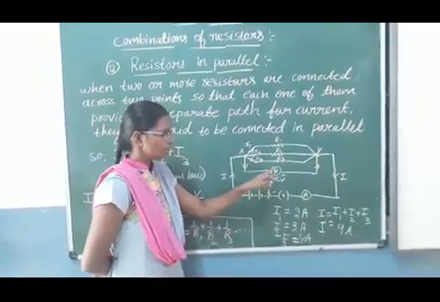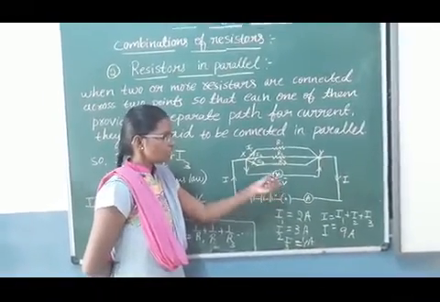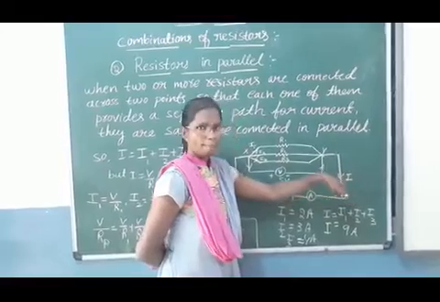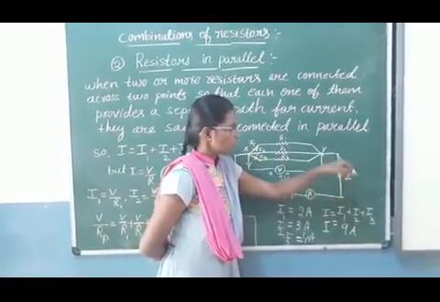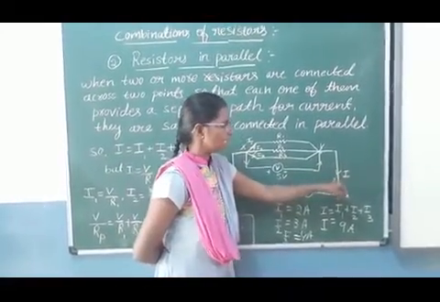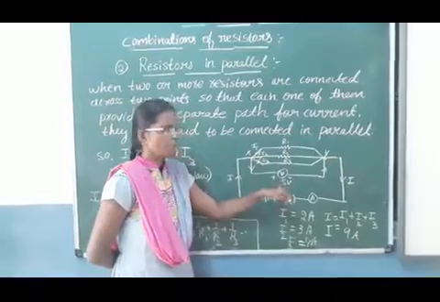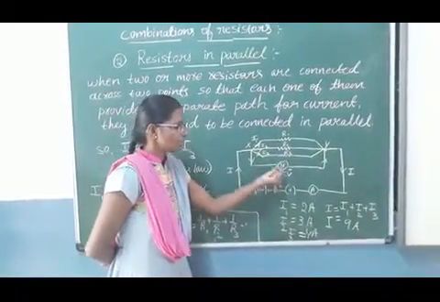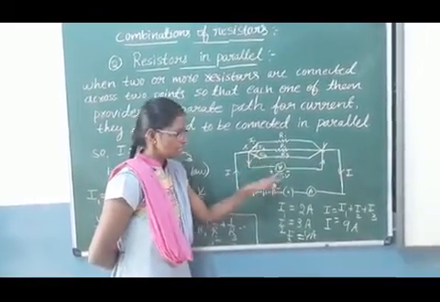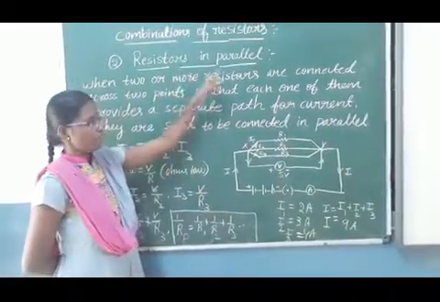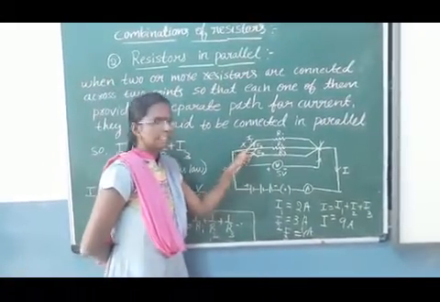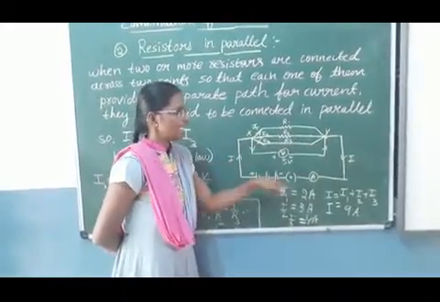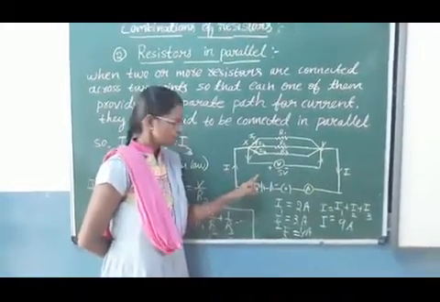Suppose you disconnect this voltmeter and connect it to another path in the electric circuit. There also we get a potential difference of 5 volt. So we have to remember the potential difference remains the same in resistors in parallel, but the electric current differs in the electric circuit.